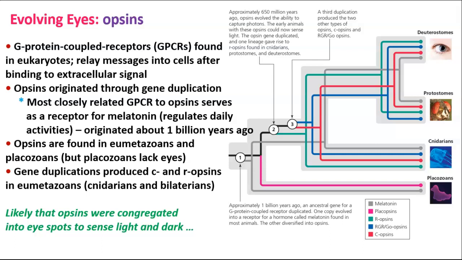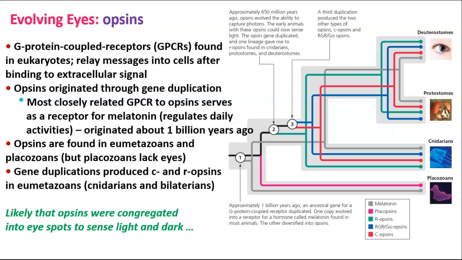So that's what they do. Opsins, as it turns out, we can see through our genetics lens, originated through gene duplication. So good old gene duplication. And they're most closely related to the G protein coupled receptors that serve as a receptor for melatonin.